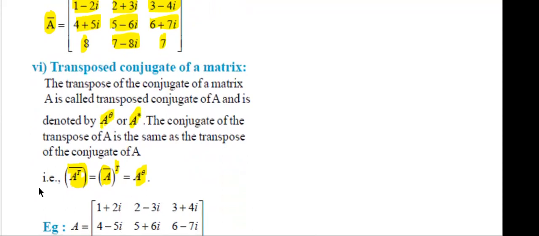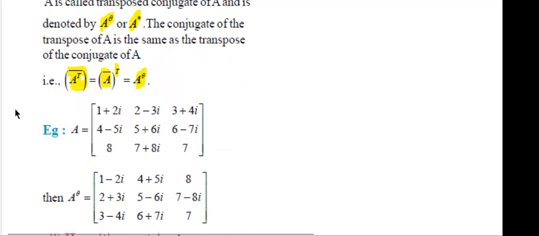That symbol says transposed conjugate of a matrix. What is the transposed conjugate of a matrix? The transpose of the conjugate of a matrix is called the transposed conjugate of A, and it is denoted by A power, the symbol here, A star.